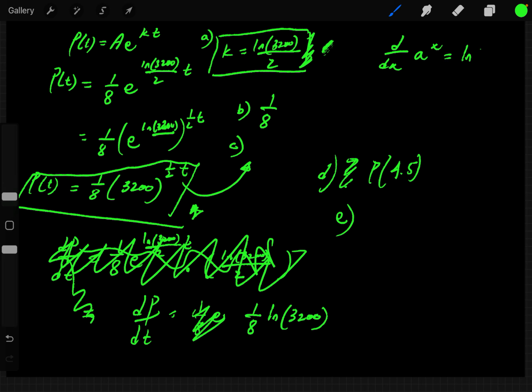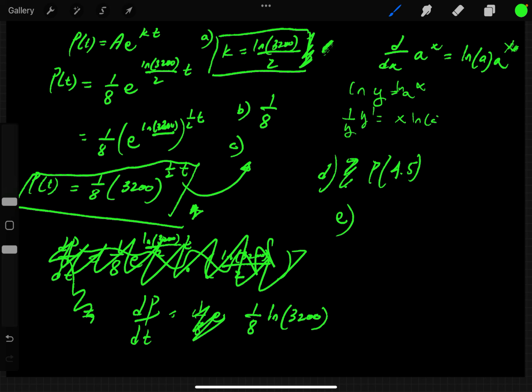Is it ln a to the x, or is it division? Let me simplify that. Y is equal to a to the x. Take ln: ln y equals x ln a. Then 1 over y times y prime is equal to ln a, so y prime is y times ln a, and it's multiplication.